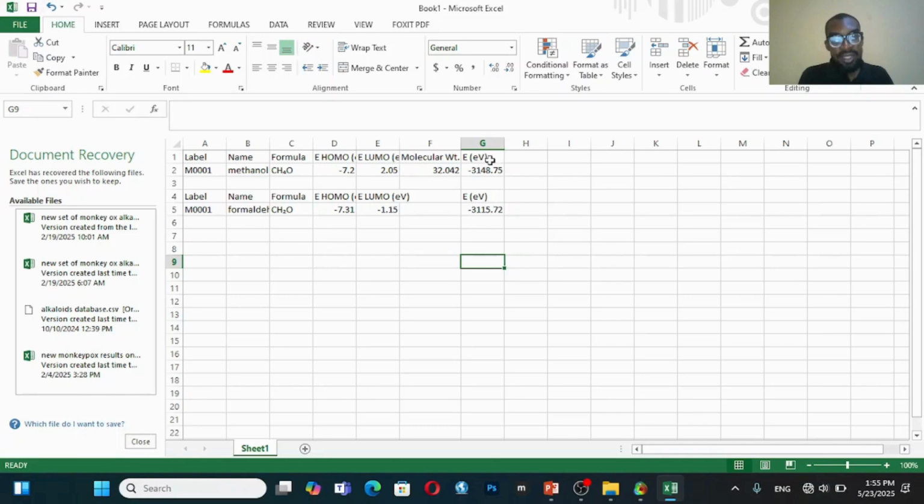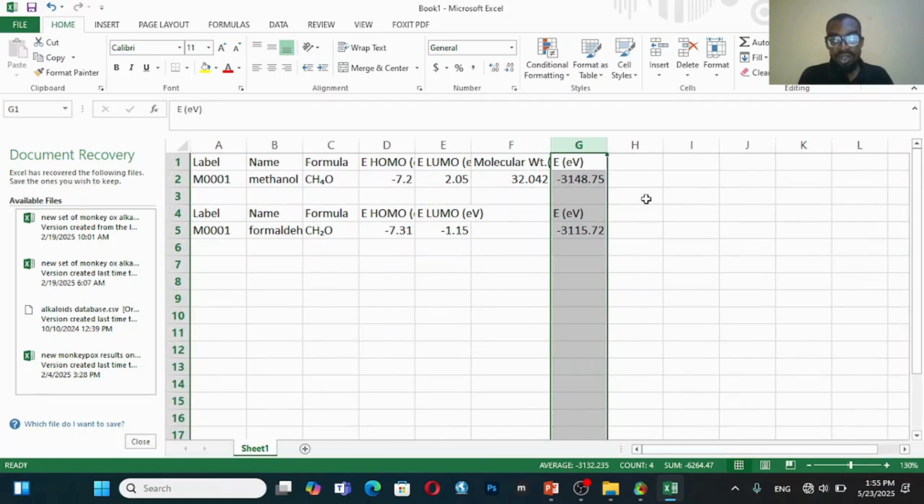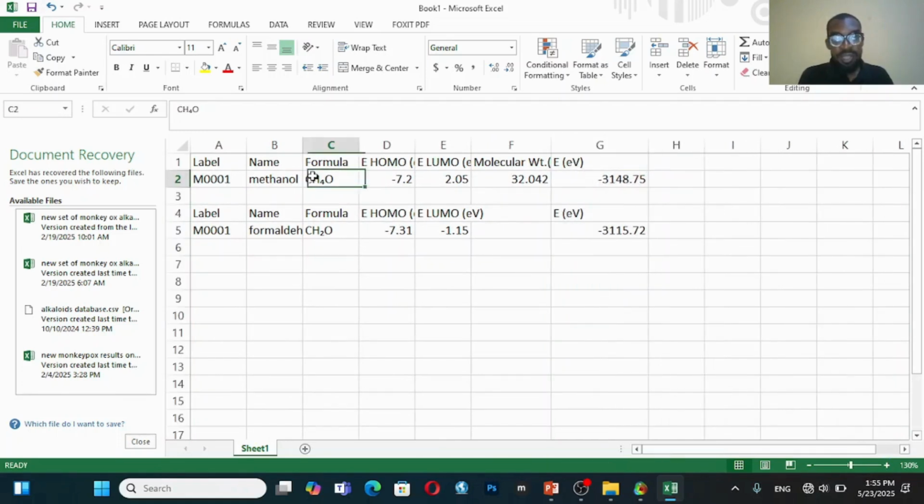Now, if you look at this, you observe something. Look at this. I think I can increase this. Good. So you can see that the total energy of methanol is minus 3,148.75 electron volt, while for formaldehyde the value is minus 3,115.72 electron volt.